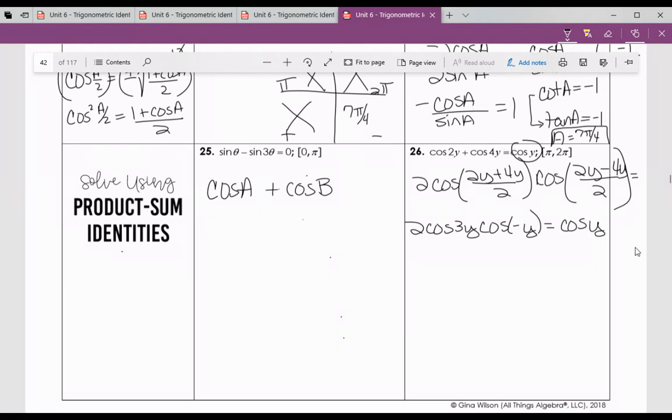Now, I have my even or odd. That turns into cosine y, because remember, cosine of negative y equals cosine of y. And I'm going to subtract cosine y. By subtracting cosine y and setting this equal to 0, I can factor out the cosine.